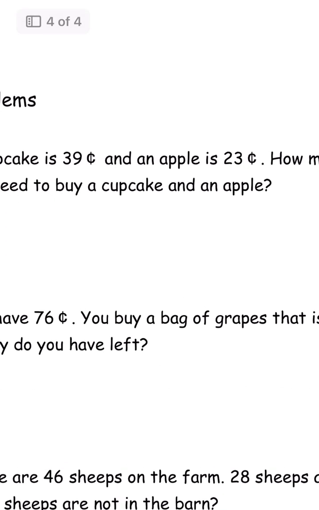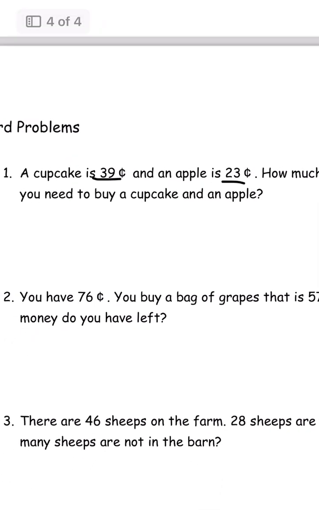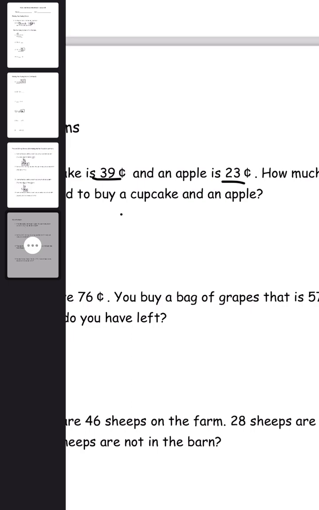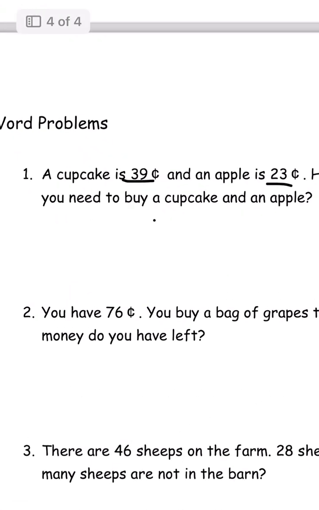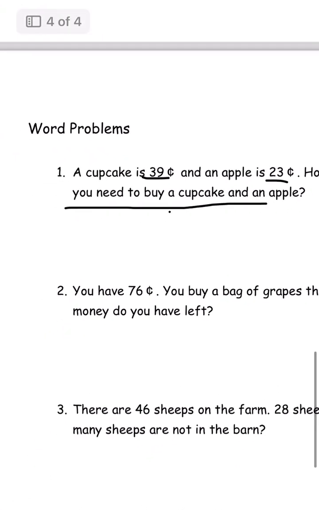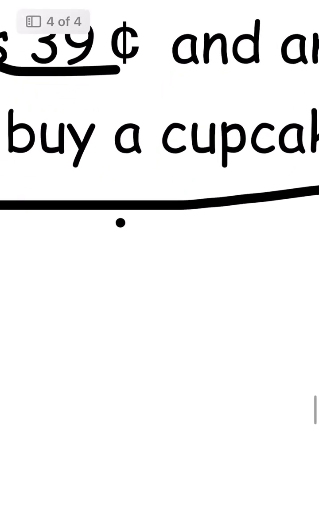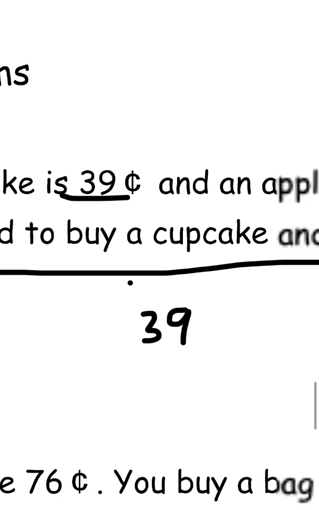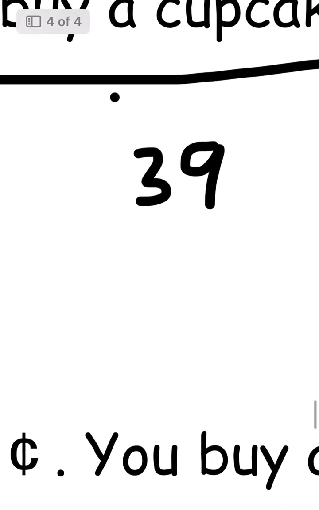You have to add them together, 39 cents and 23 cents, to know how much money you would need to buy both the cupcake and an apple, so 39 cents plus 23.